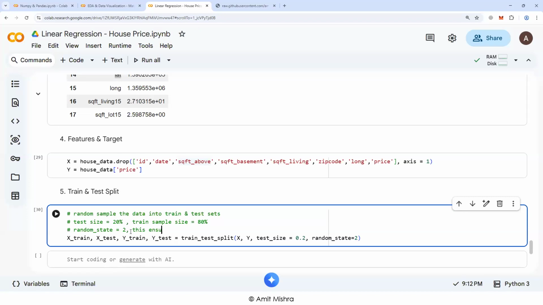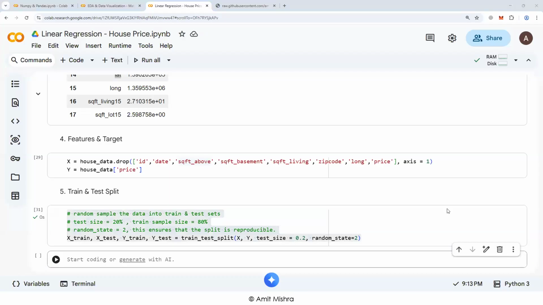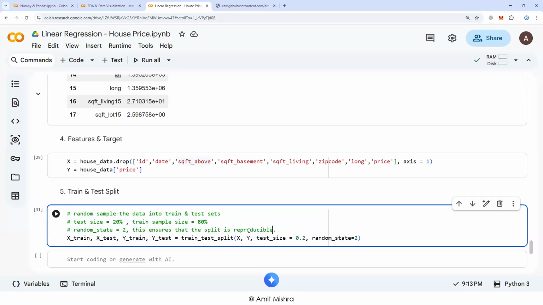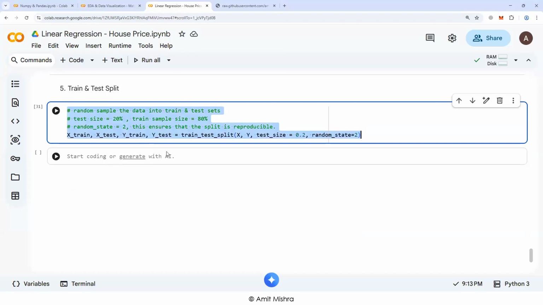This is to ensure that the split is reproducible. Next, after splitting the data into train and test, 80% of the data will be used to train the model.